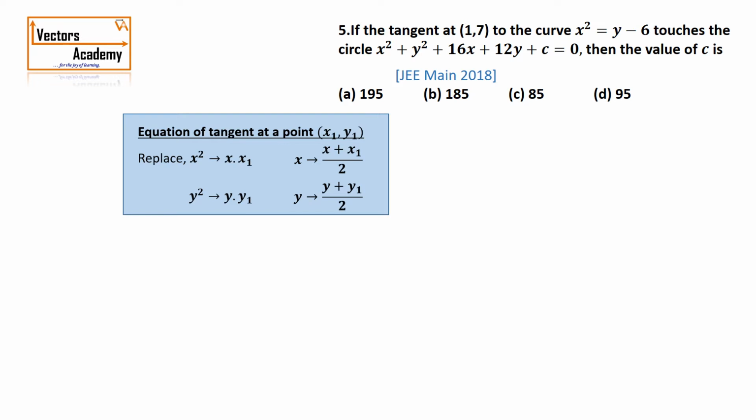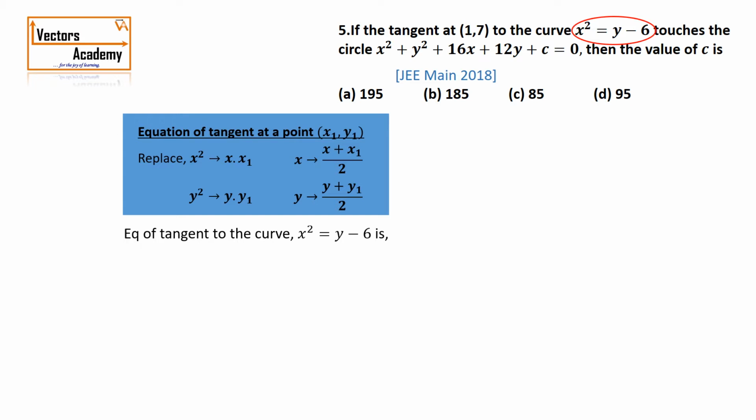So, the given curve is x square is equal to y minus 6. By replacing x square as x into x1 and replacing y with (y plus y1) by 2, the equation of tangent will look like this. After that, we know that the tangent passes through the point (1, 7).